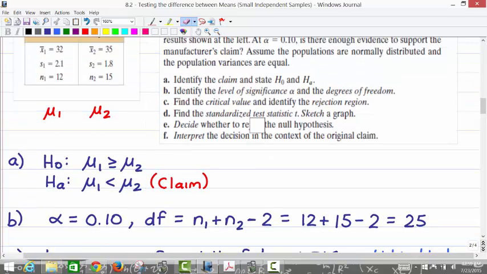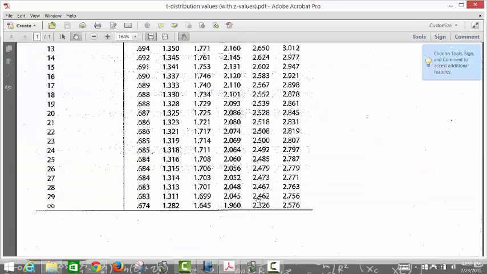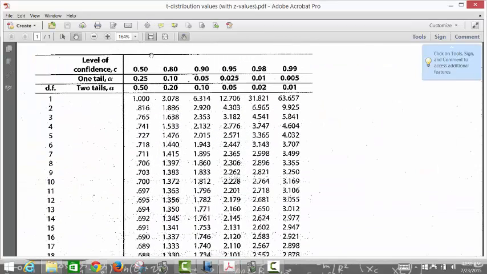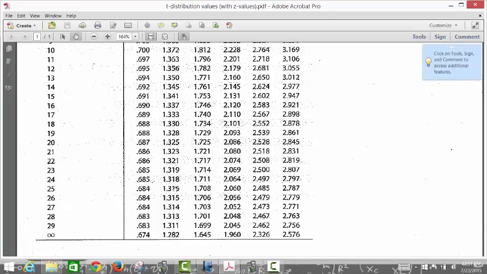Alpha was 0.10, so let's go to the chart. 0.10, one-tailed test again. So it's the second column, one-tailed, 25 degrees of freedom. It's 1.316, but just like we did for the one-sample t-test, the t-chart still works the same way.